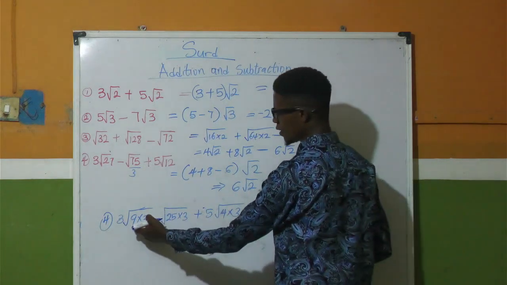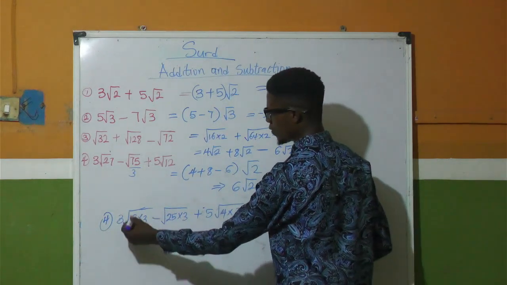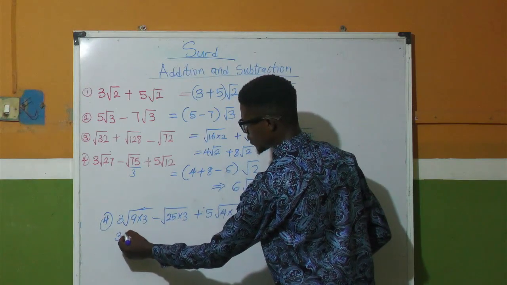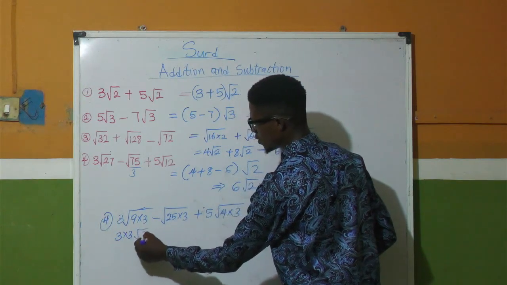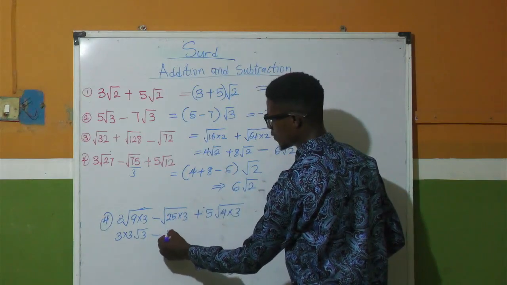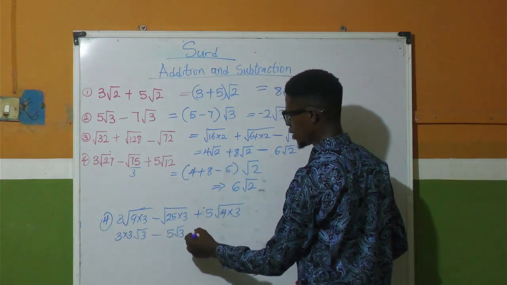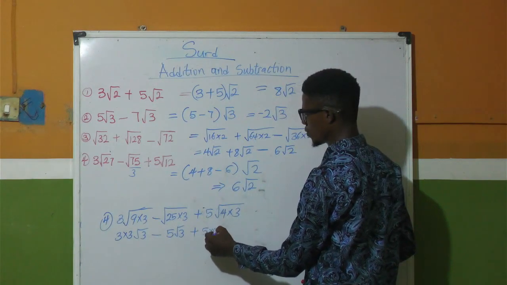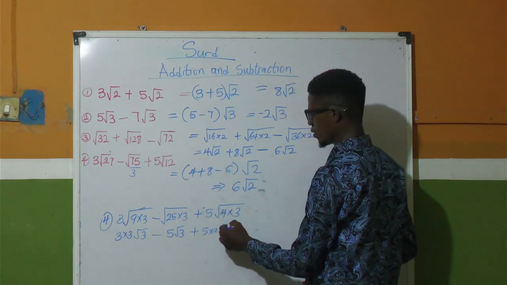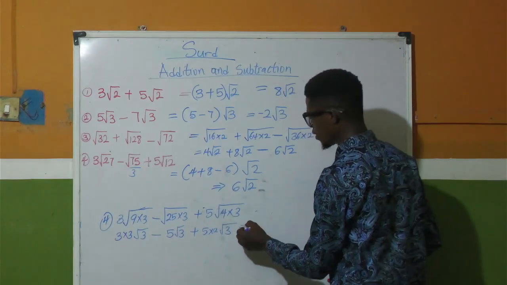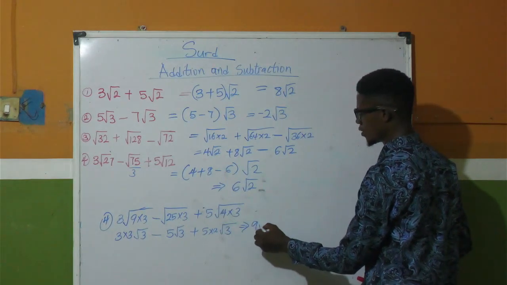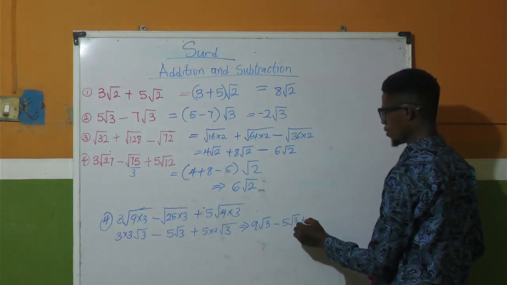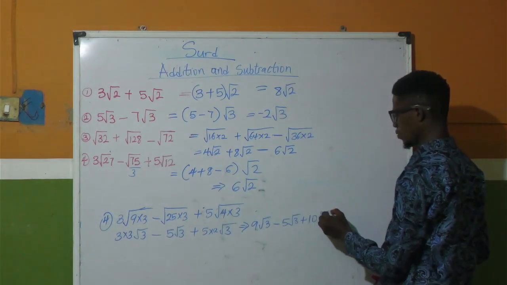Here we have 9, so we can take the square root of 9 to give us 3. So this will become 3 times root 3, which is 3 root 3, minus 5 root 3 plus 5 times 2 root 3. At the end of the day, we end up with 9 root 3 minus 5 root 3 plus 10 root 3.